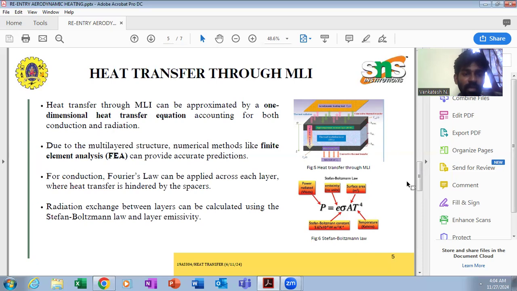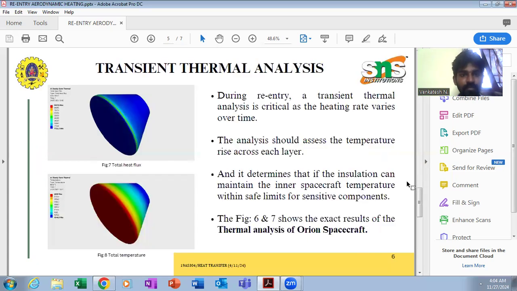Due to the multi-layered structure, numerical methods like finite element analysis can provide accurate predictions. For conduction, Fourier's law can be applied across each layer, where heat transfer is hindered by spacers. Radiation exchange between layers can be calculated using the Stefan-Boltzmann law and layer emissivity.